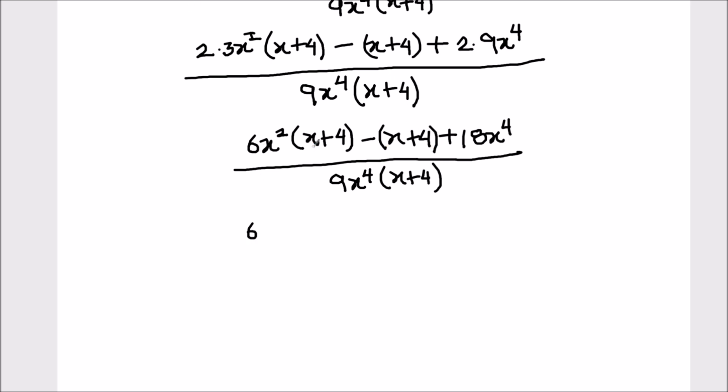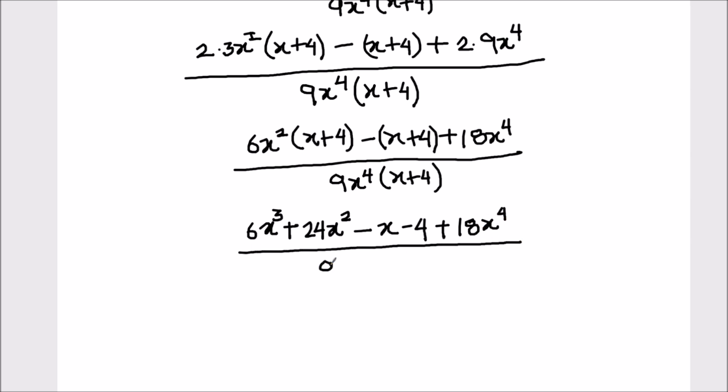So 6x square times x will be 6x cube plus 6 times 4 is 24, 24x square minus x minus 4, cause minus sign is outside the bracket, plus 18x to the power 4 divided by 9x to the power 4 times x plus 4.